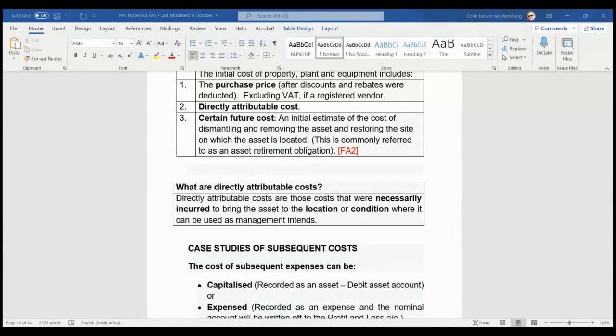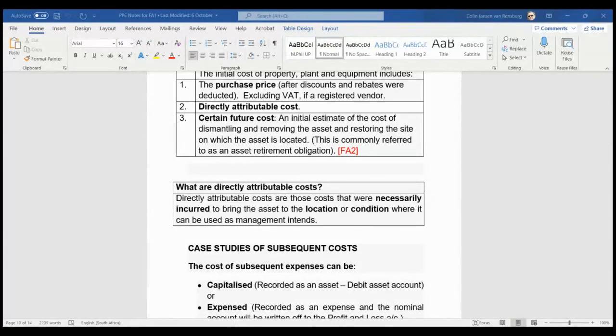So what is meant by directly attributable cost? I've bolded certain words there. It's not bolded in IAS 16, but those are the three important things that we need to make a decision on later on when we decide whether an item or a cost that we've incurred is a directly attributable cost or not.